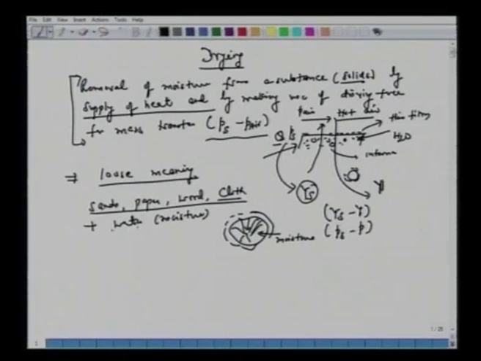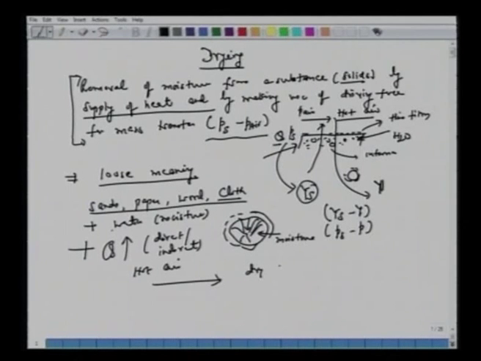So both types of moisture are soaked, and now we want to remove it, so we supply some heat. This could be direct, this could be indirect, so we'll discuss this. The most common is that you bring some hot air and then remove the moisture to make a dry solid. Now when we say we have the dry solid, here also we have to be careful.